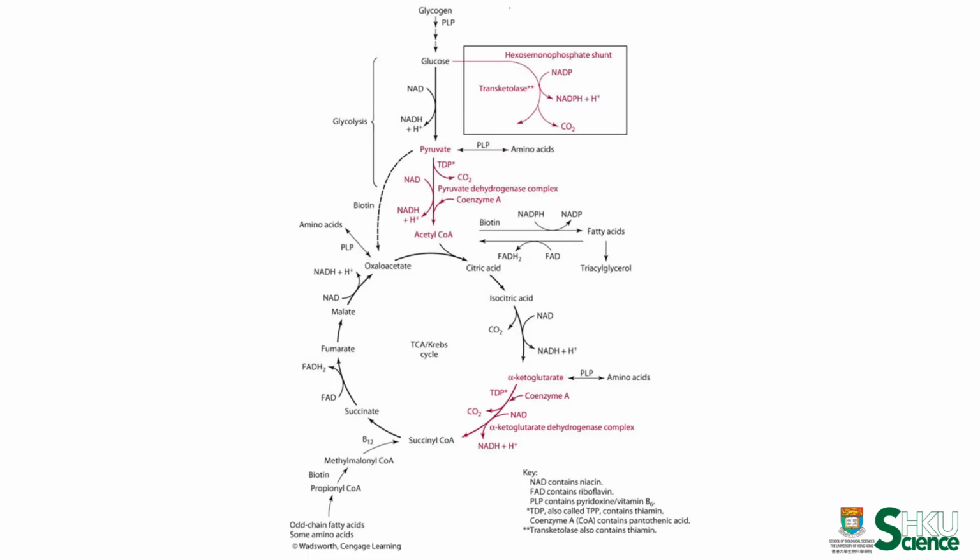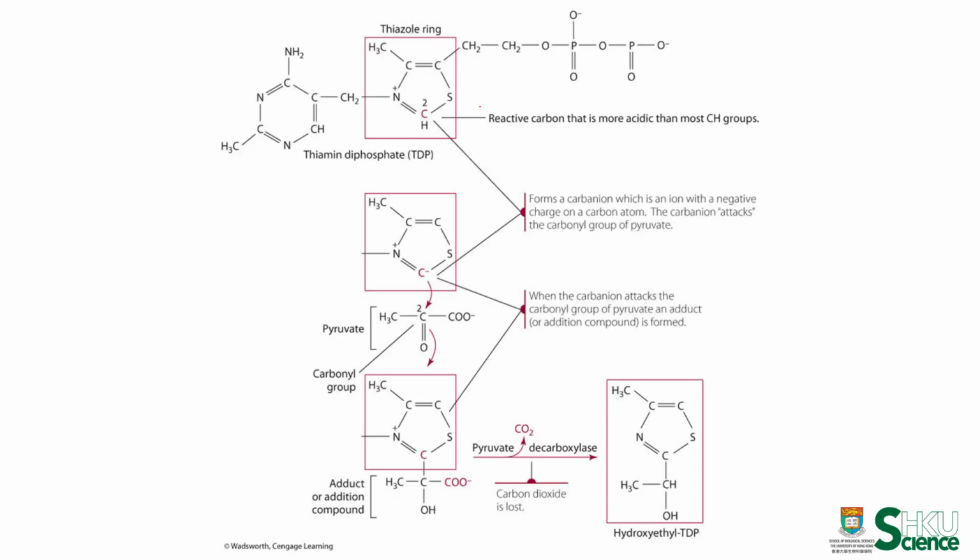TDP could be found in two steps in the aerobic respiration pathway: the pyruvate to acetyl-CoA conversion, and the alpha-ketoglutarate to succinyl-CoA conversion. There's an additional step in the glucose metabolism pathway, the hexose monophosphate shunt, which will also use TDP in the transketolase steps, which we'll talk about later.